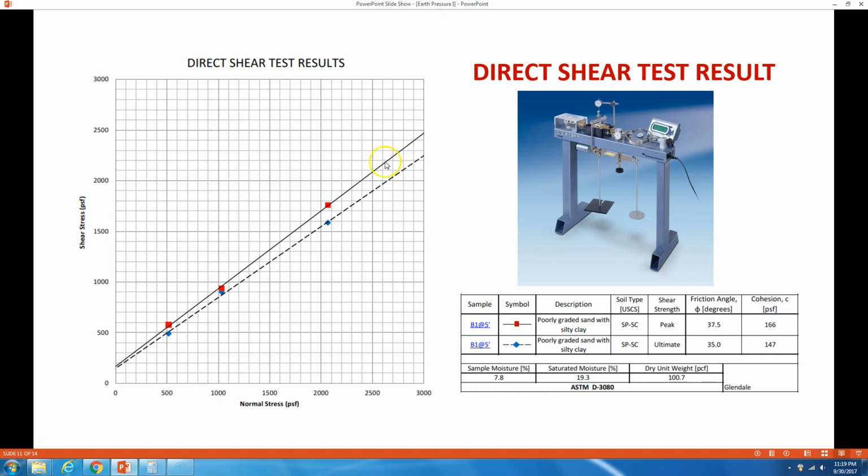That's called peak strength, and it's right here, peak. And then we test it in the lower level boundary where the soil strength would not be any lower than that, and that's called the ultimate strength. So the peak strength is 87.5 degrees for this particular soil, and cohesion is the y-intercept. It's 166 psf.